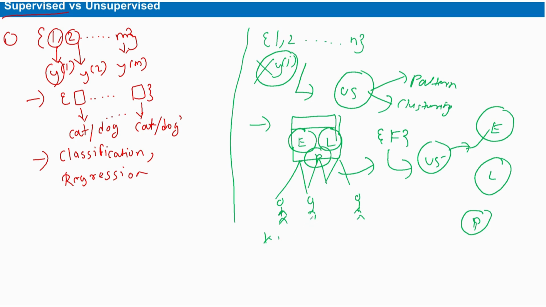If I say what is the main difference between unsupervised and supervised: inside supervised, for each example we have the label y, and inside unsupervised the labels are not there. So this is with respect to supervised versus unsupervised machine learning. Now we can move to the next topic.